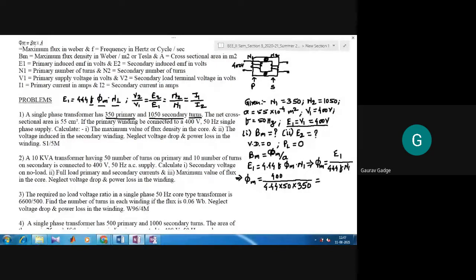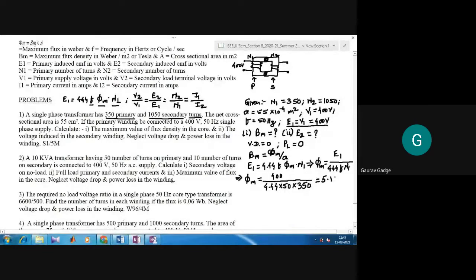Now what I am getting is, just a second, 400 divided by 4.44. Can anyone get the answer? Is there anyone who got the answer? You people listen to this lecture very carefully, because questions are going to be asked on this particular topic.